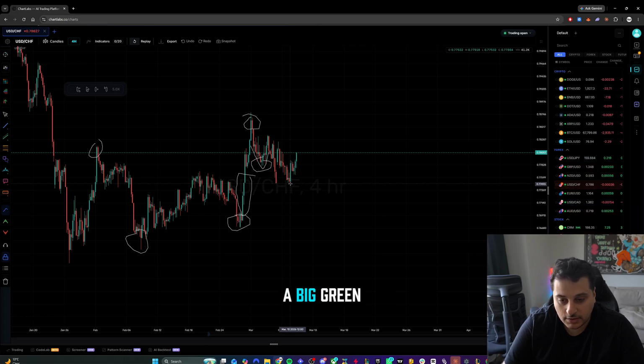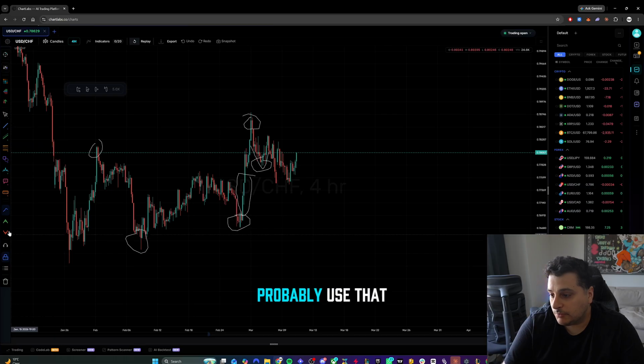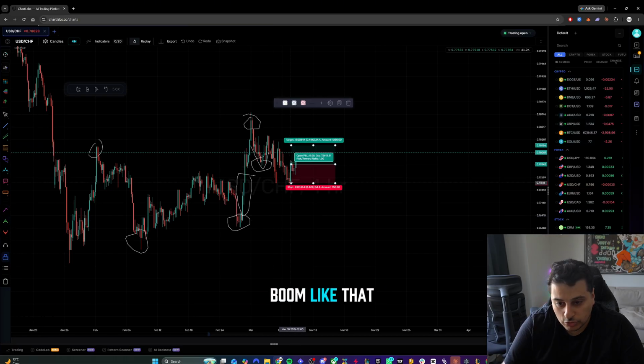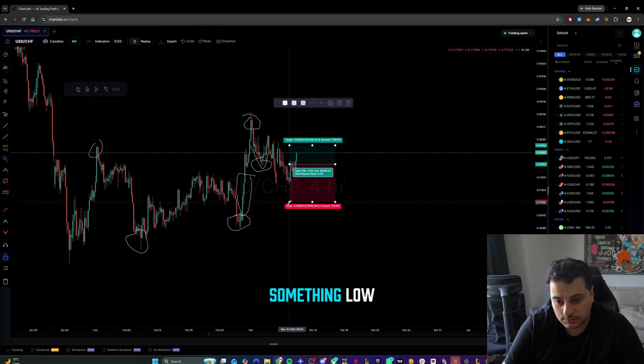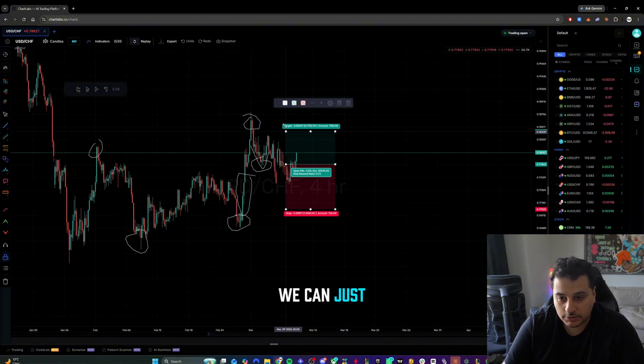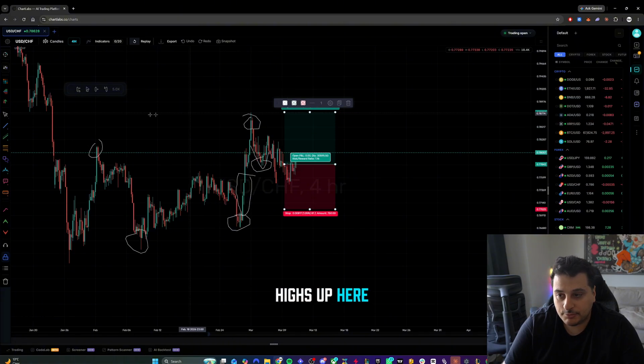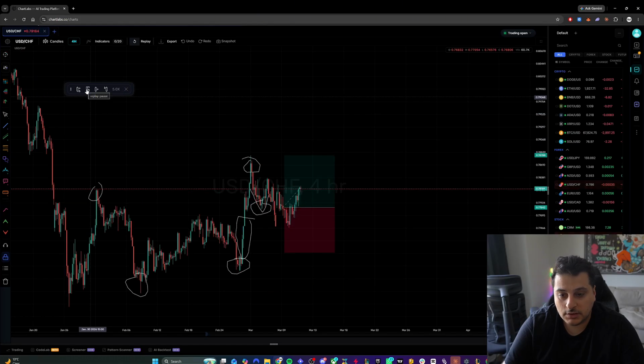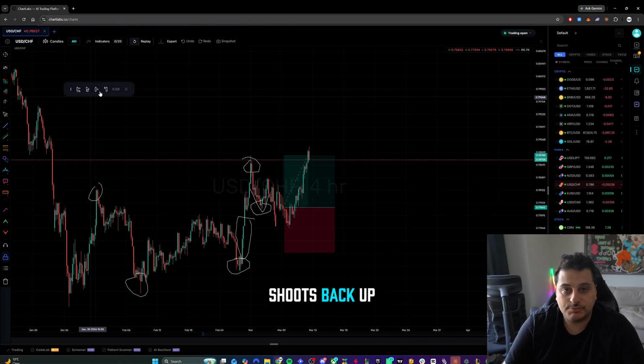Then we get a big green engulfing candle. So we could probably use that as a trade here. Boom, like that. Our stop loss, something low, probably below this support right here. And then our take profit, we can just target the same highs up here. We can do something like that very basically. And then we see what happens. The price just shoots back up, right?